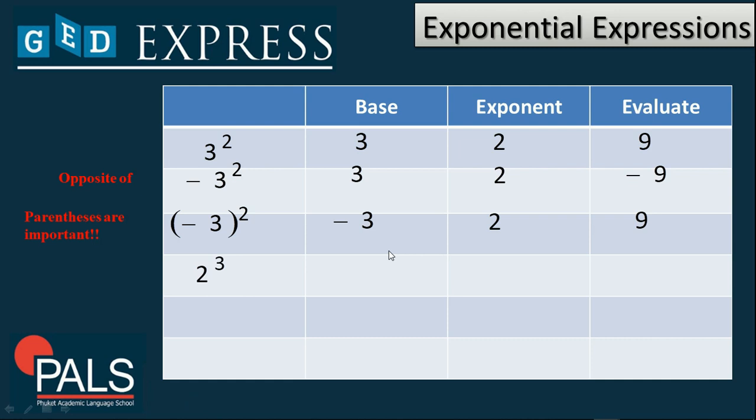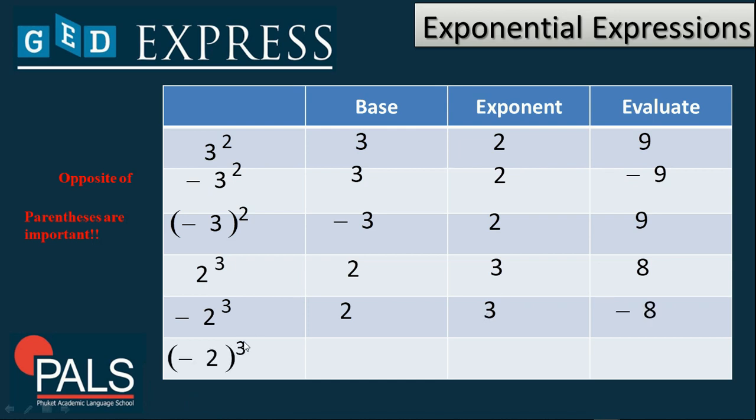Now, that's why parentheses are important, because in this case there are no parentheses, so we will have this answer. Suppose we have 2 raised to 3, so we are multiplying 2 three times, so 2 times 2 times 2, that will give you 8. Suppose we have this negative number without a parenthesis, that will become 2 still raised to 3, and that will give you negative 8.